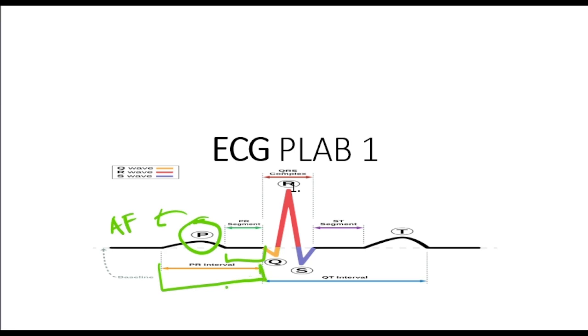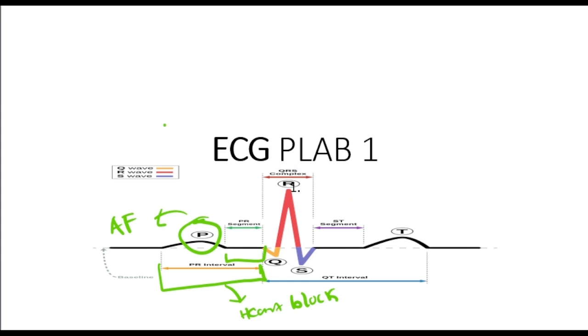Don't worry, all of them we will discuss. I just want to sensitize you to what we are going to do in the next lecture. And this PR interval is important for us in heart block. We have different types of heart block, by the way, and that is also an important question asked in the PLAB 1 exam.